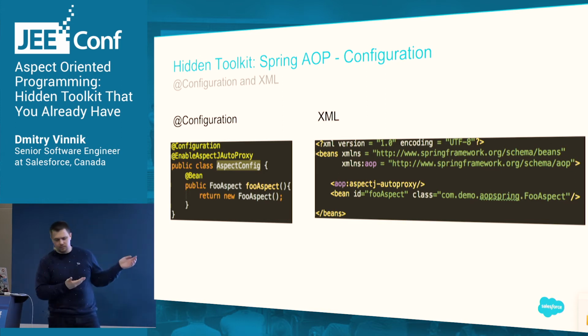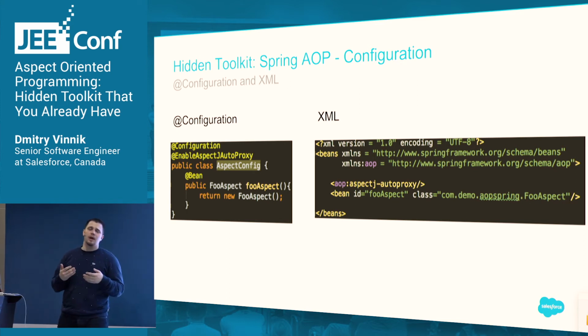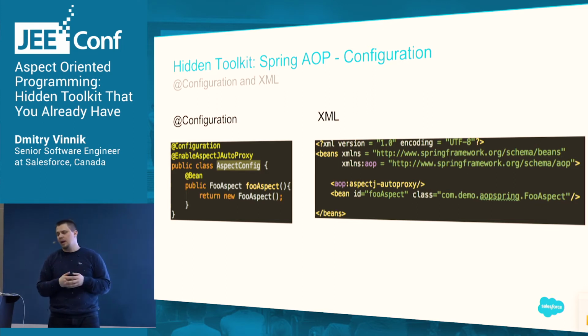You can directly use Java, so the only thing you have to specify is the configuration annotation, and the one you have to do either way is the enable AspectJ auto proxy. And then you just define your aspects as regular beans. A different approach is to use XML or schema-style definition, where you have the same line for defining the proxy as you see here in the AOP tag, and then you define your bean.